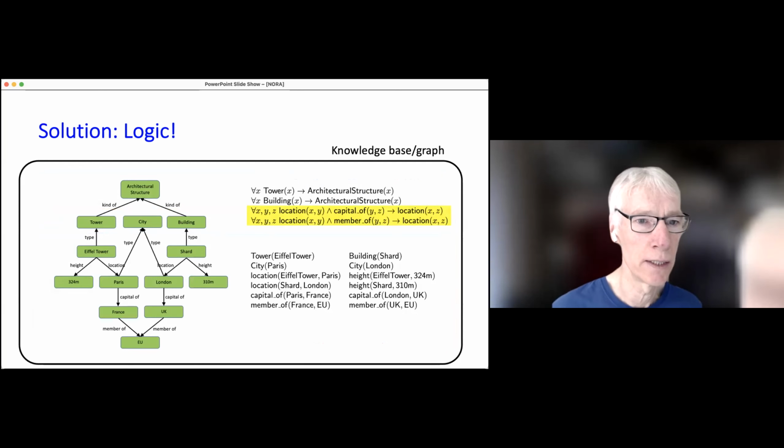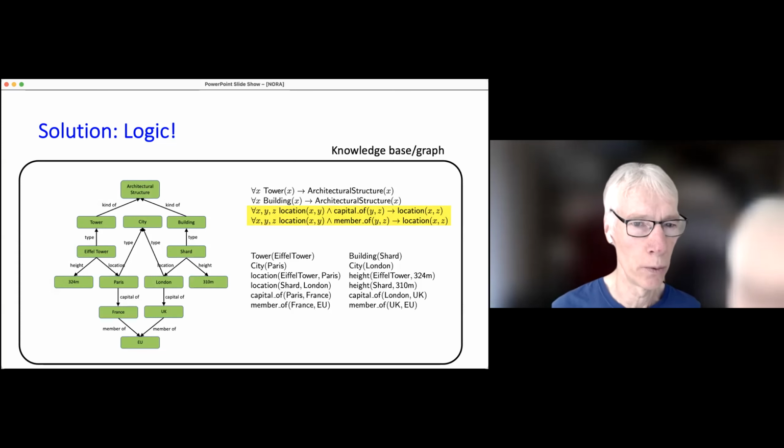One of the additional advantages is that once we decide that we're going to use logic to represent the schema part of the graph, we can use additional, more complex logical sentences to capture additional knowledge that isn't quite so easy to represent in the graphical form. Although in OWL there is a kind of graphical representation of these more complex axioms, we don't have time to go into that today.